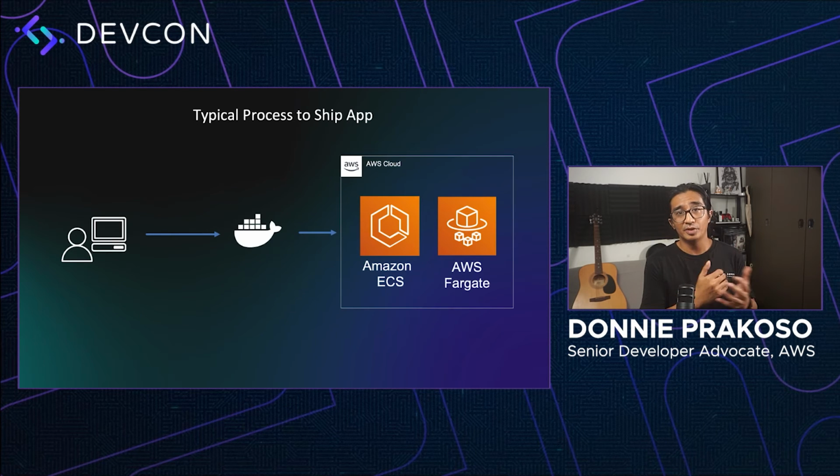The diagram on the screen shows us the typical process to ship an application. Two main services that are most commonly used by developers to run their containerized application on AWS are Amazon ECS and AWS Fargate. By integrating these two technologies, you will gain more benefits for staying agile and still have a scalable and highly available system.